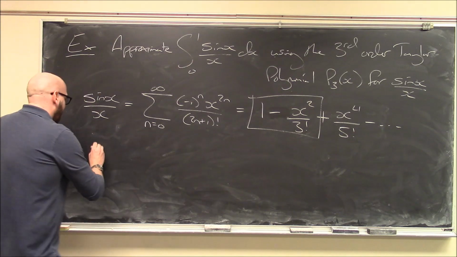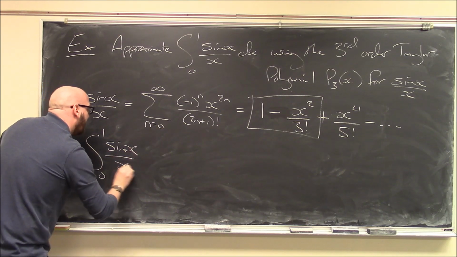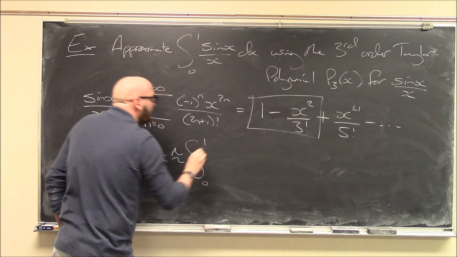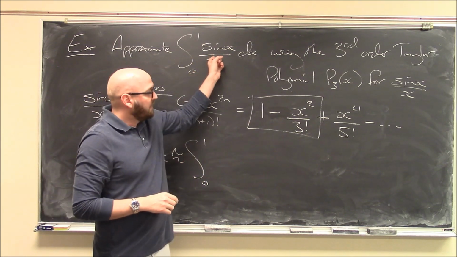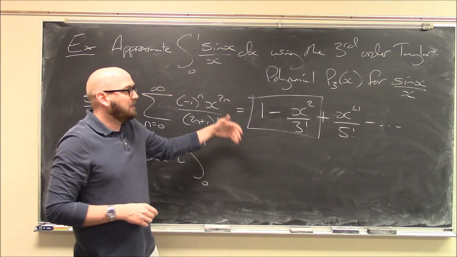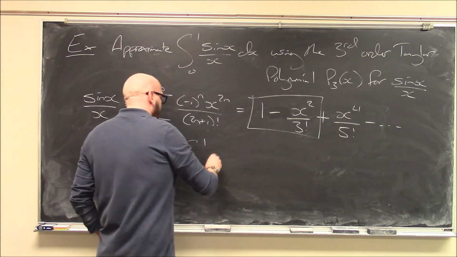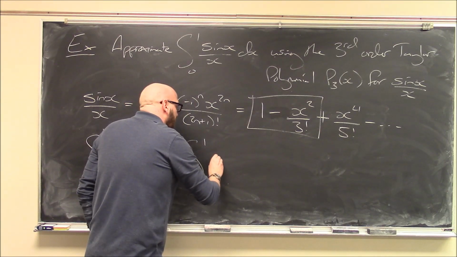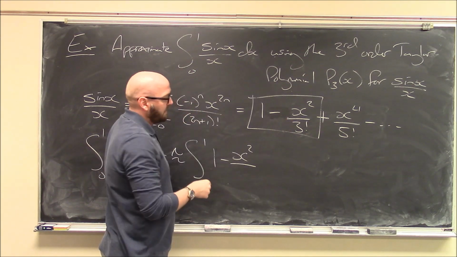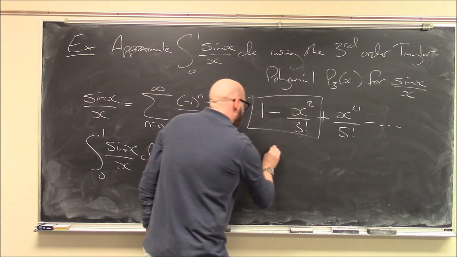So yeah, this function is approximately the same as any one of these Taylor polynomials. You count out further, you get a better and better approximation. Here we're just using the third order Taylor polynomial, so the integral is approximately the same as the integral of 1 minus x squared over 3 times 2 times 1, which is 6, dx.